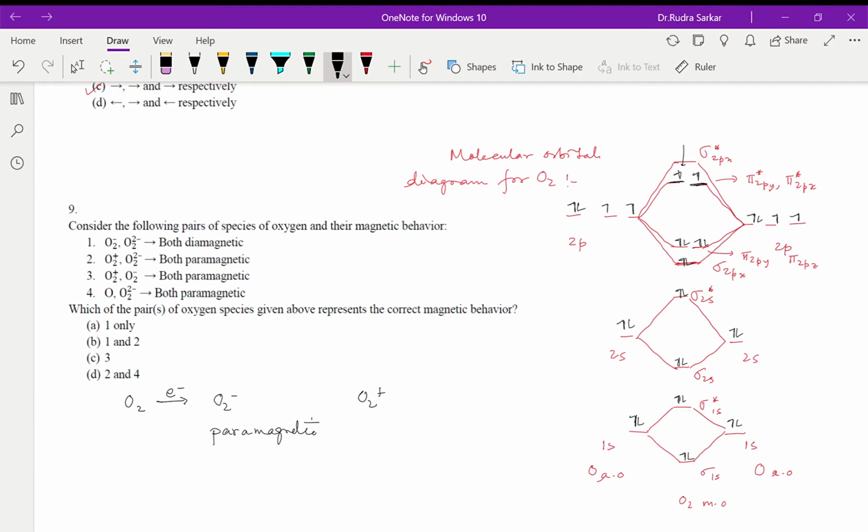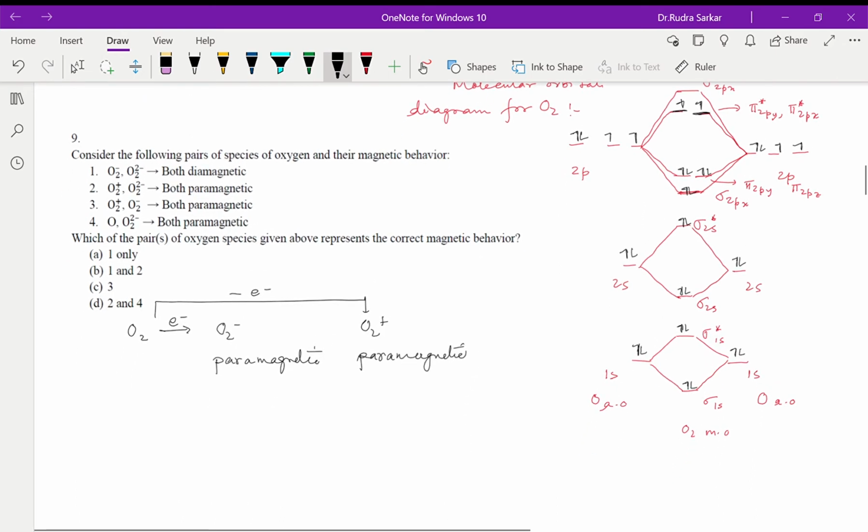O2 plus means what? We have taken out one electron from oxygen. So one electron is left in the anti-bonding MO. So this also is paramagnetic. Isn't it?